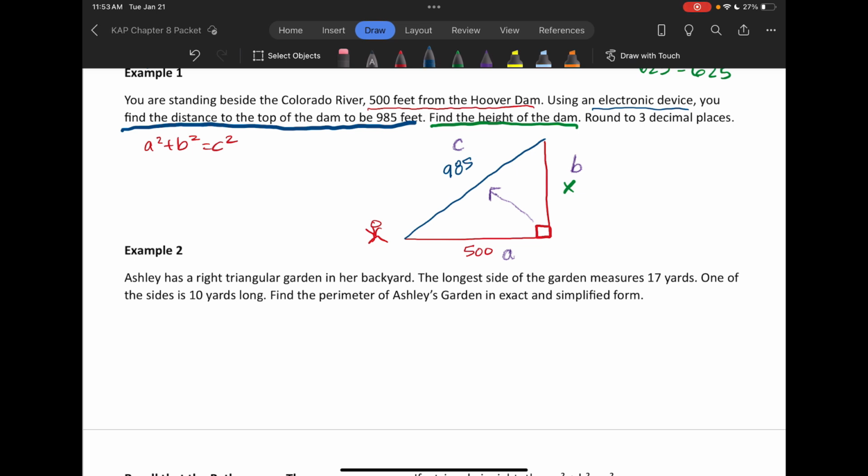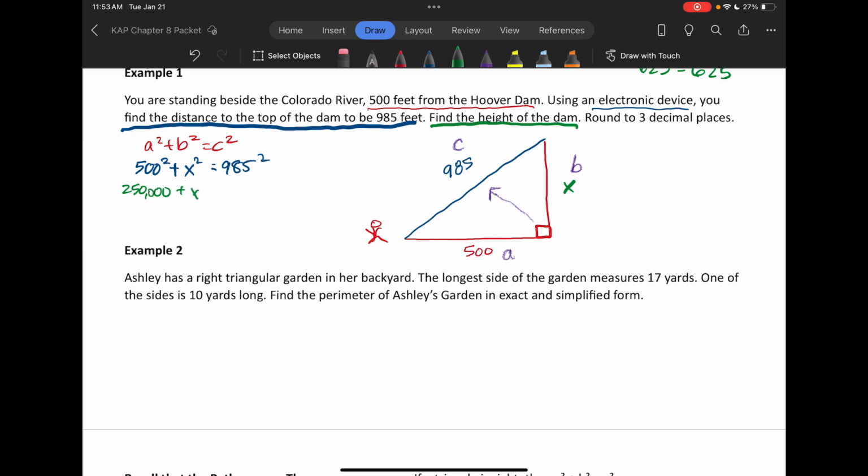So now that we got everything labeled, plugging everything in, we're looking at 500 squared plus, well, b is x, so x squared is equal to c squared, 985 squared. All right, so for this one, probably going to be a good idea to grab a calculator here. 500 squared is going to be, sorry, not 2,500, 250,000.